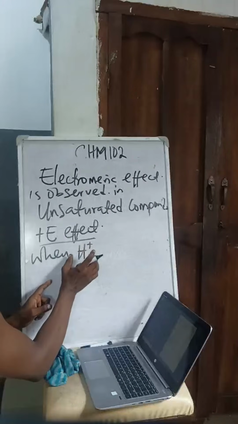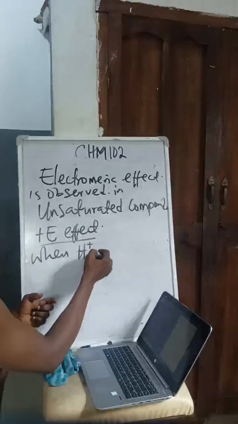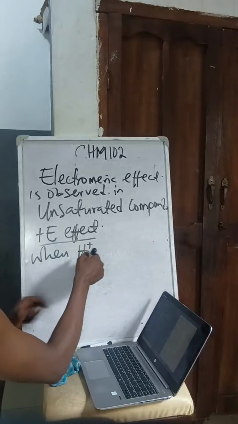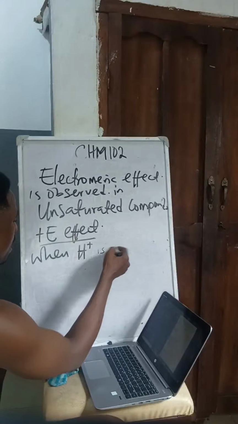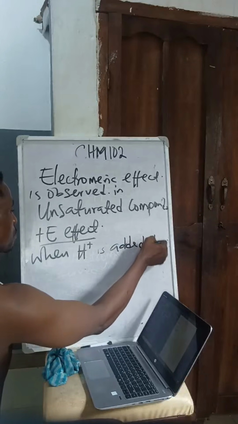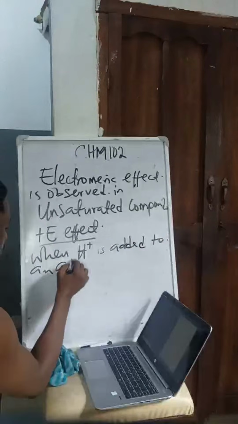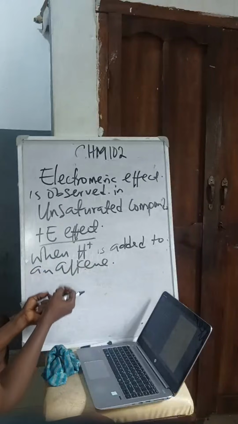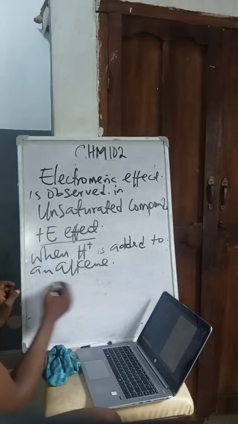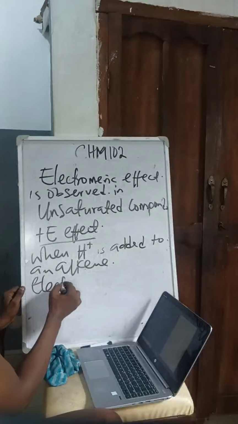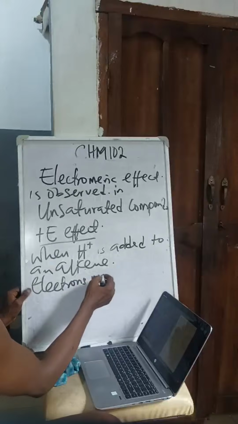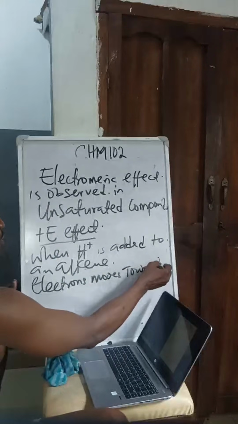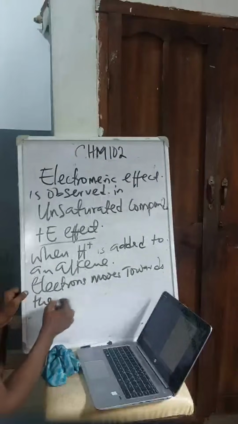When electrophile is added to an alkene, electrons move towards the electrophile.